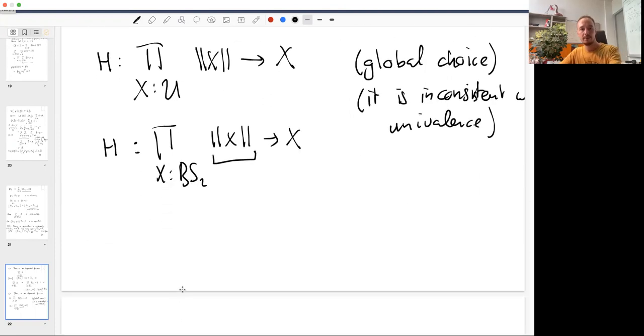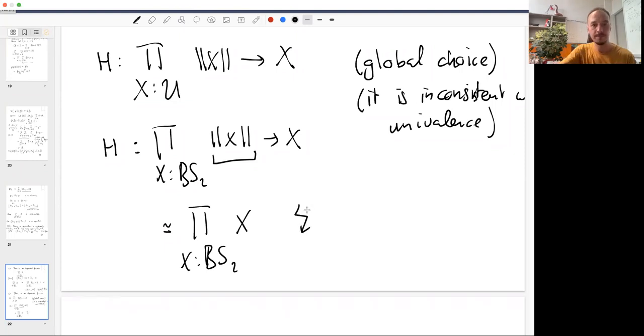So we observe, since they are all inhabited, that this type is equivalent to for every x in BS2, x, and we just saw that this cannot hold. So the reasoning here is, if there was a global choice function, then we could restrict it to BS2. But if we did that, then we would construct an element of arbitrary two-element type, and that's impossible.